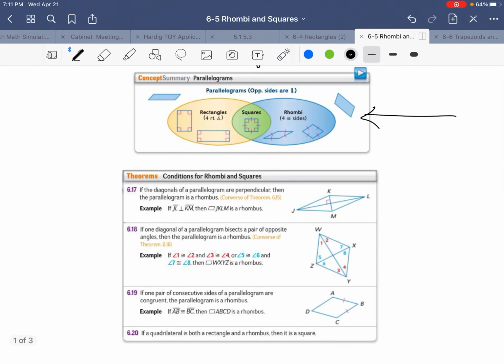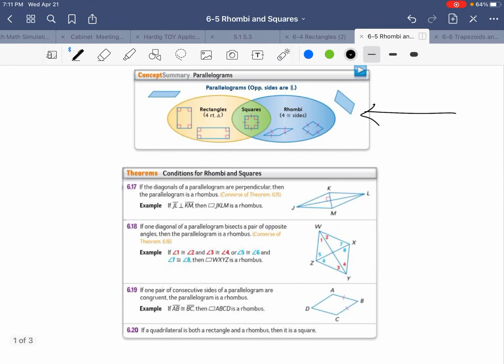We have some theorems for rhombi and for squares. 6-17 states that if the diagonals of a parallelogram are perpendicular, then it's a rhombus. So this is when we look at diagonals being perpendicular. Let me rewrite that, that's not cute.